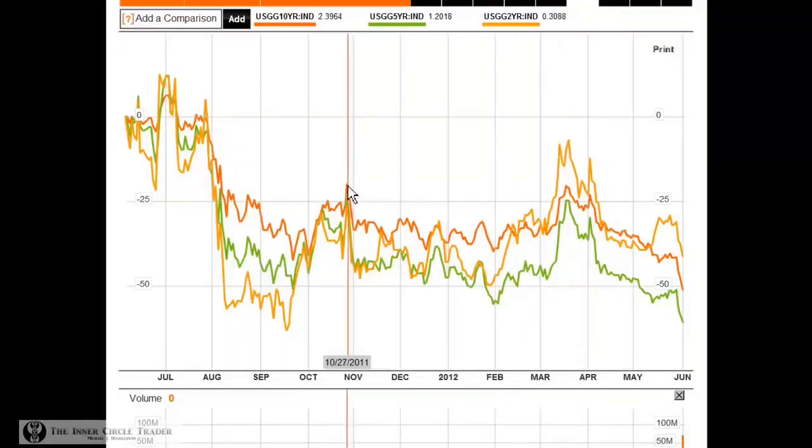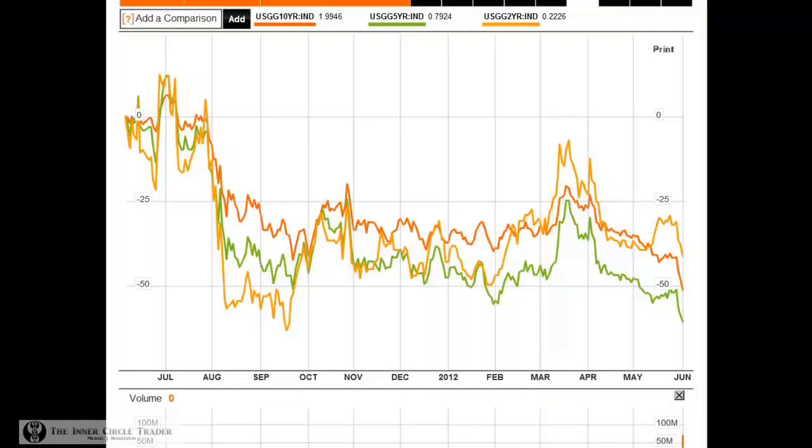The high here on the 10-year was just about equal, and the same thing here with the 5-year, just about equal. So we have a divergence between the 2-year, 5-year, and 10-year. That typically is a reason to start looking for other reasons to support a decline in yields, which would represent a decline in foreign currency and a rally in the US dollar index.